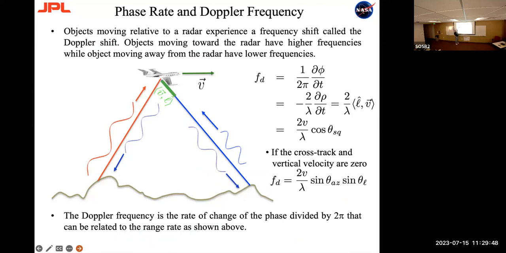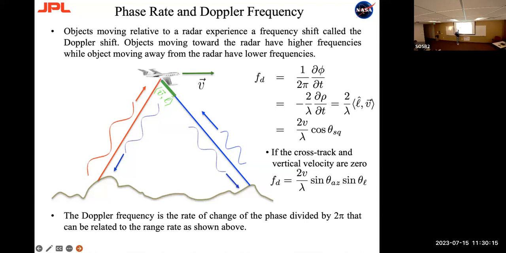So suppose I'm flying along at a velocity v and I transmit an electromagnetic wave. That'll be the purple here. It'll be of a particular wavelength. What happens then is if I'm flying away from the radar, the wavelength that I receive will tend to look larger. It will tend to stretch out the wave that I effectively see arriving back at the radar.